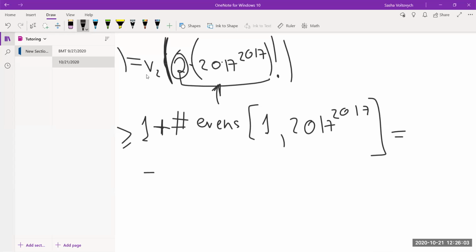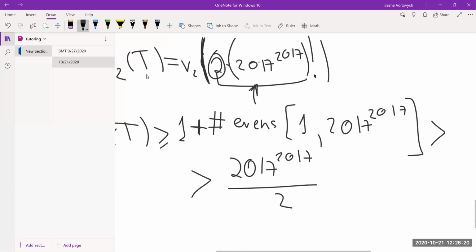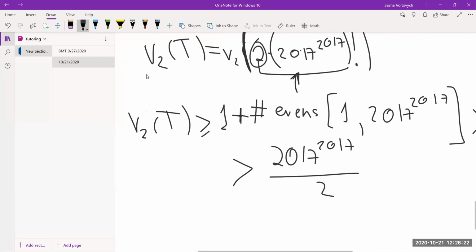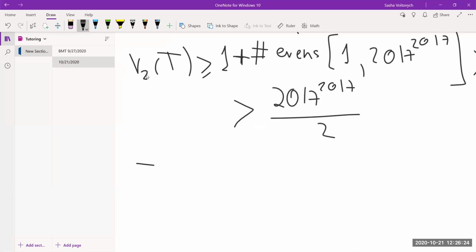So we'll just write that it's greater than 2017 to the power 2017 over 2. And this is only the power of 2 dividing t. So t is at least 2 to the power of this over 2. So this number is huge.